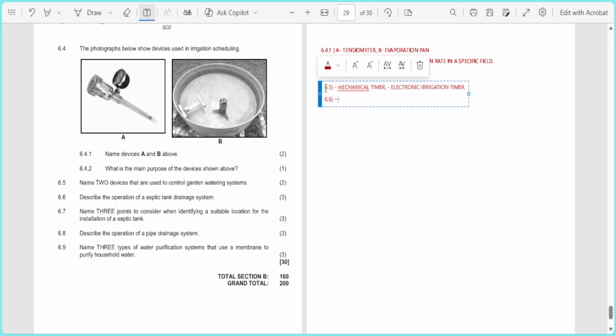We can say this system is a two-stage biological treatment system where the first tank is where solids settle and bacteria break down waste.